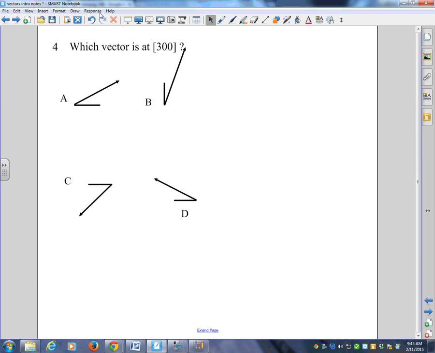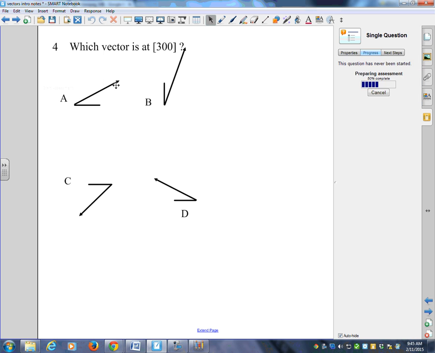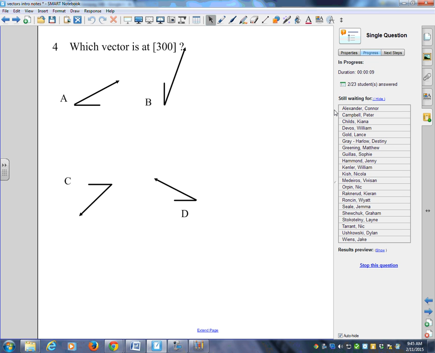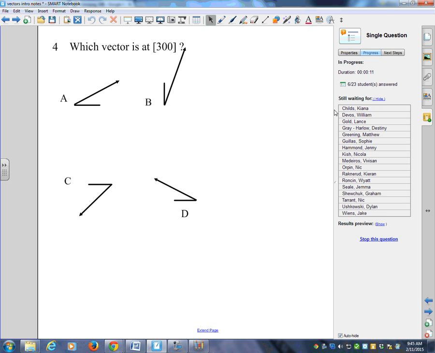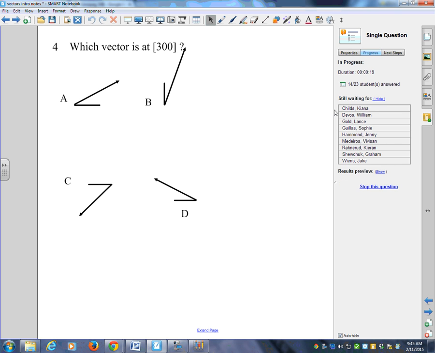Okay, here's your question. Which vector is at a bearing of 300 degrees? Let's go today.